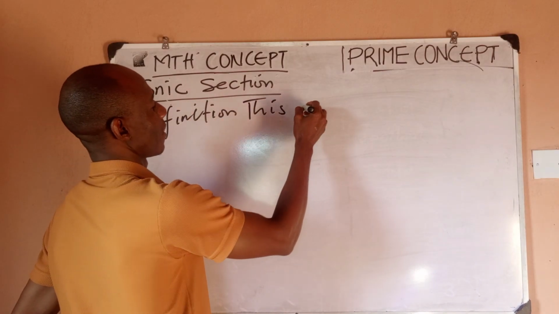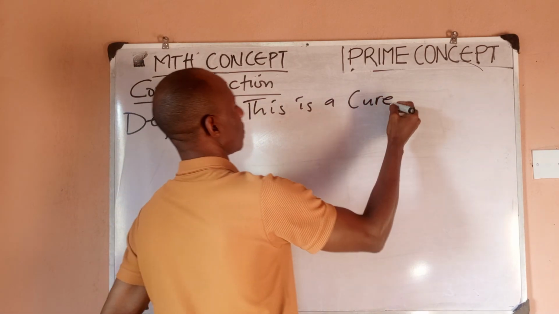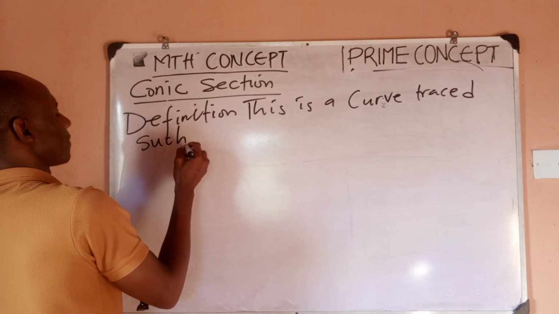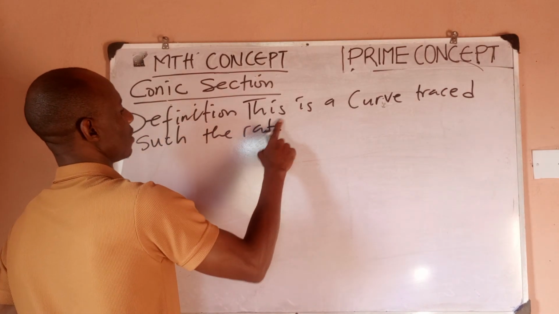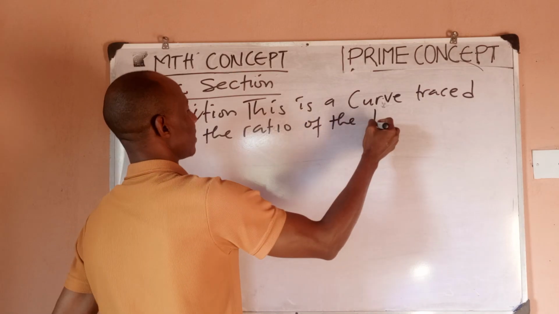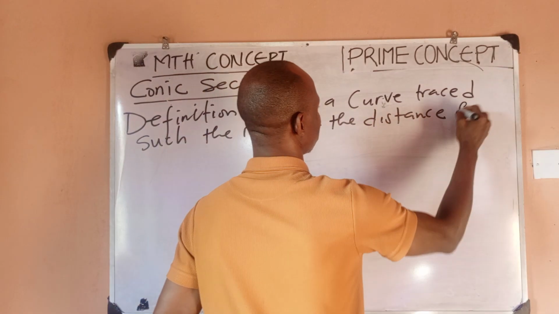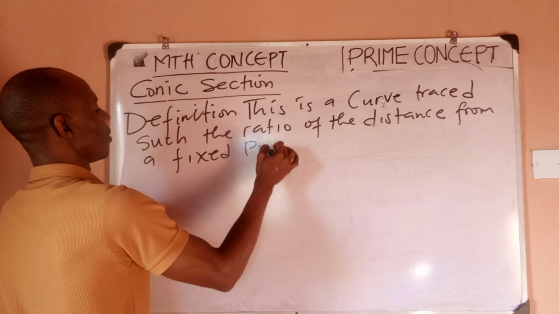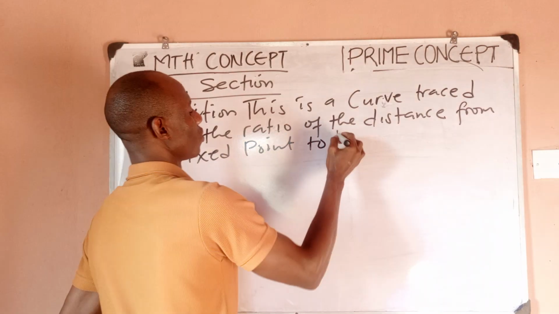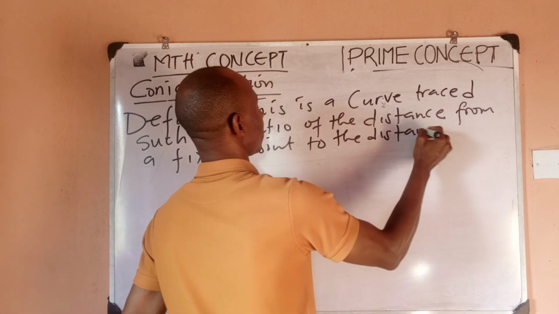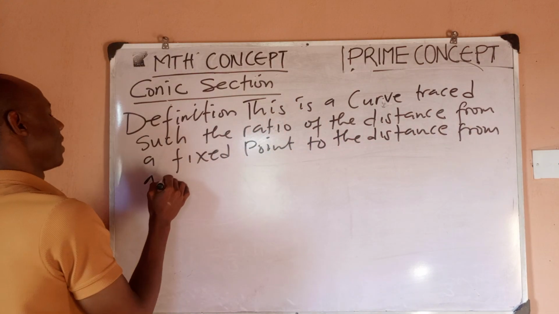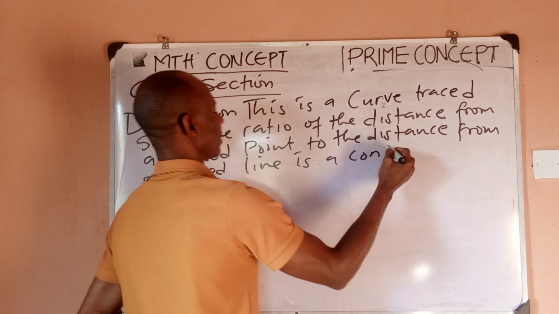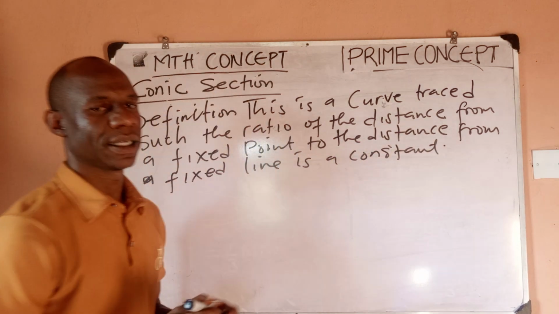This is a curve traced such that the ratio of the distance from a fixed point to the distance from a fixed line is a constant. So that is a conic section.